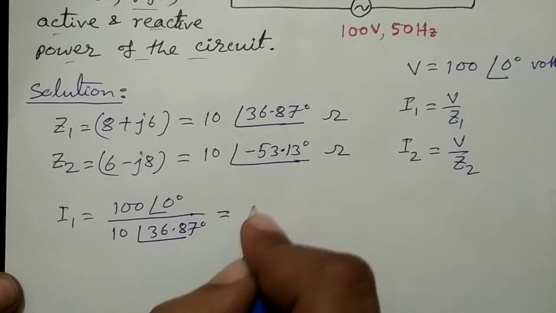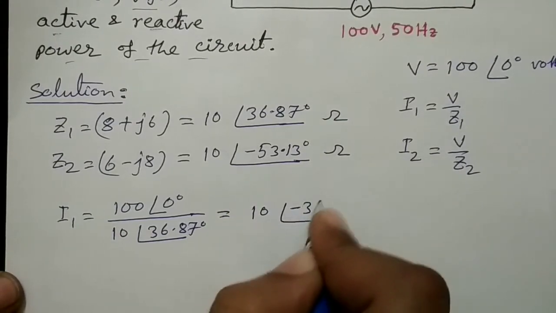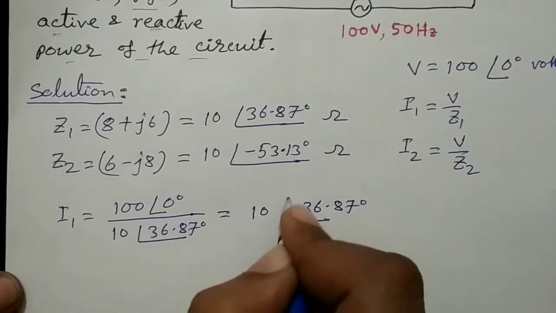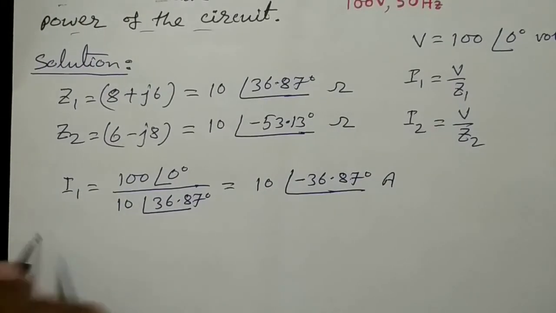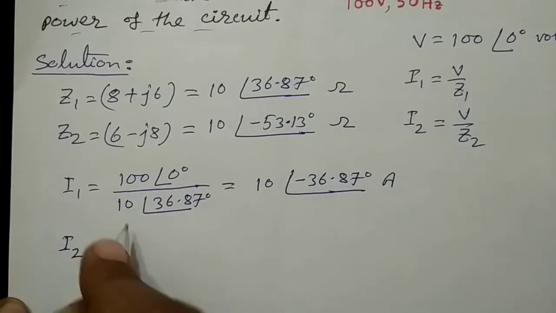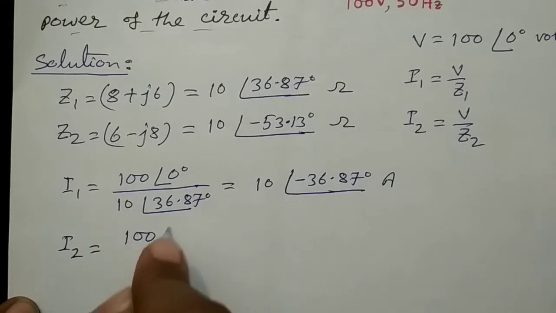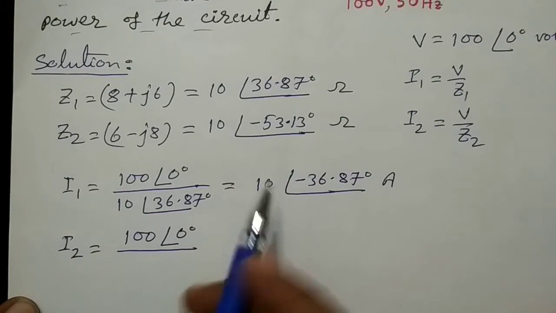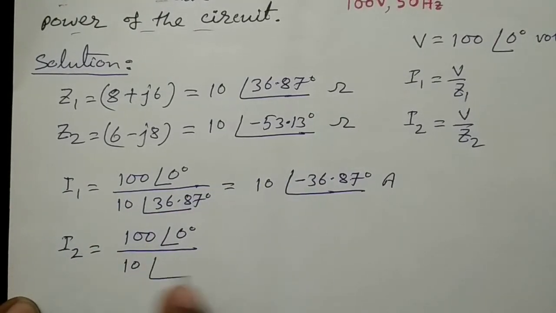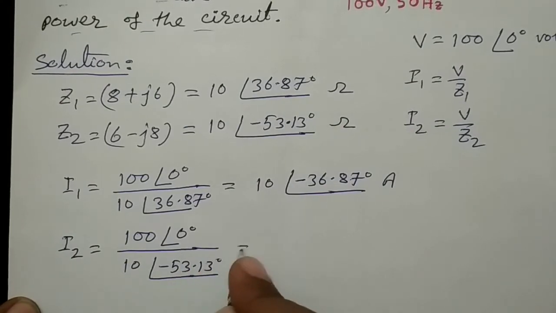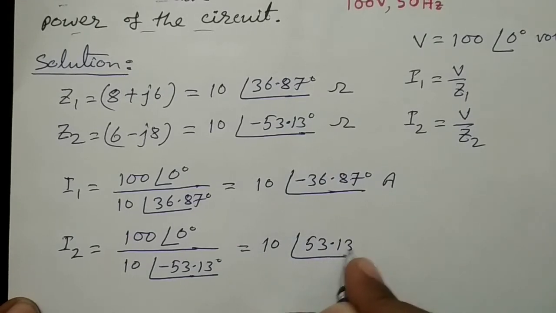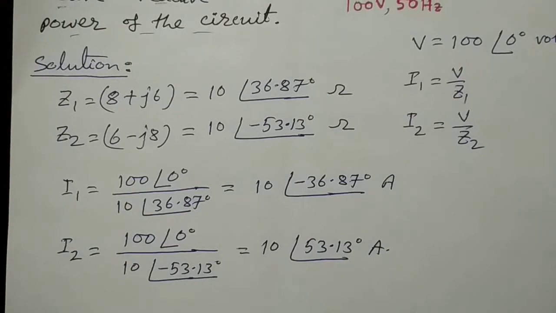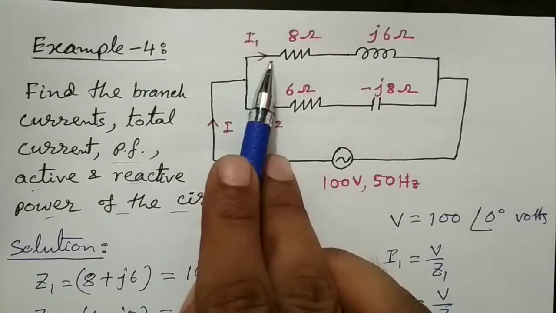So it will be 10 angle minus 36.87 degree. So this is the current in the first branch. Similarly, the current in the second branch I2 will be V, that is 100 angle 0 degree, upon Z2, that is 10 angle minus 53.13 degree. So the value will be 10 angle plus 53.13 degree. So this is the current in the second branch.